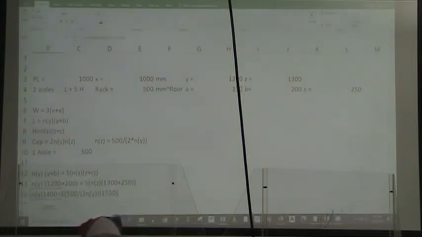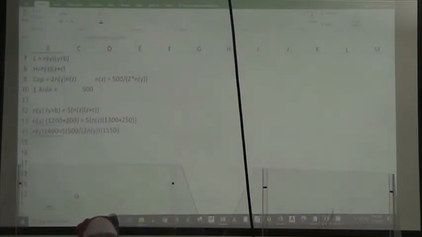Equals the 5 multiplied by that 500 divided by 2 ny. All right, well, I'm going to go ahead and divide both sides by 5.